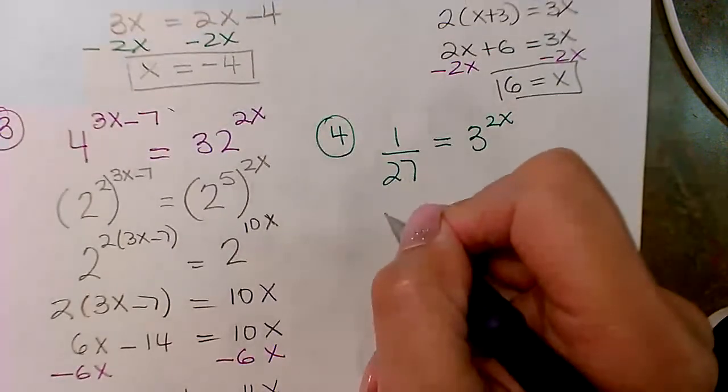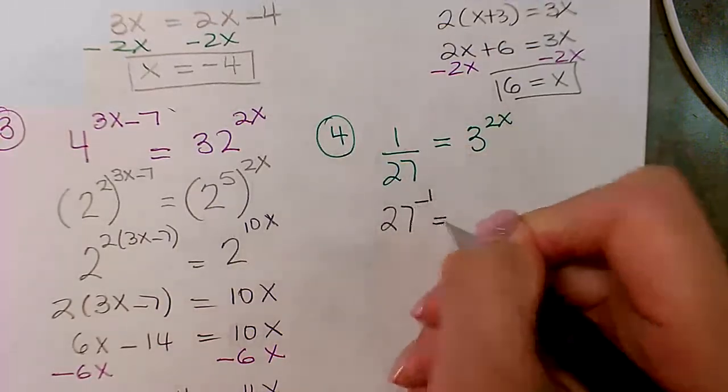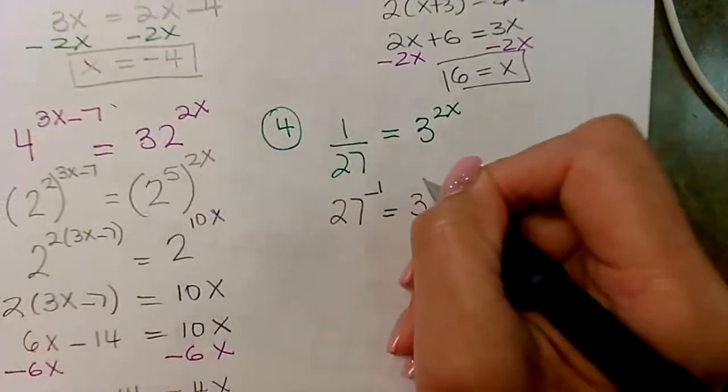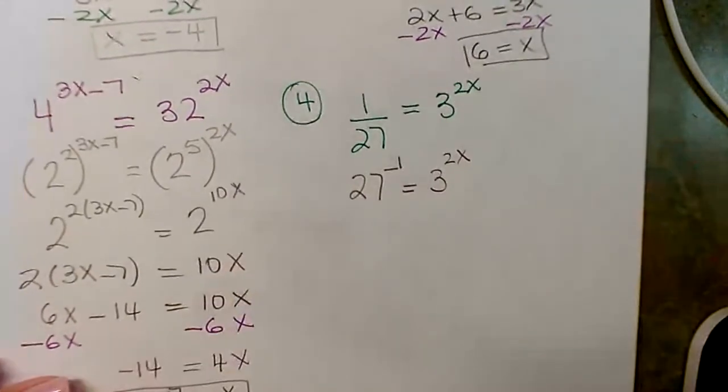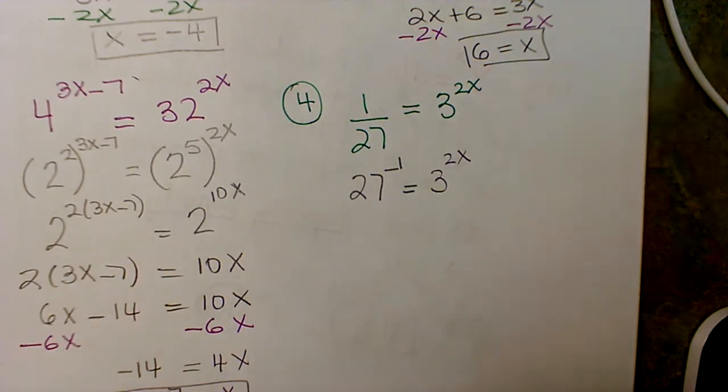So first, 1 over 27 is the same as 27 to the negative 1 power. Now, let's get the same base on both sides.